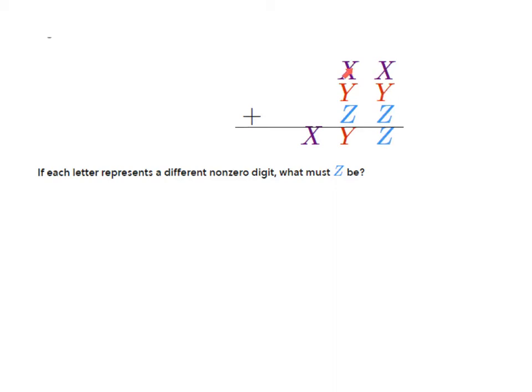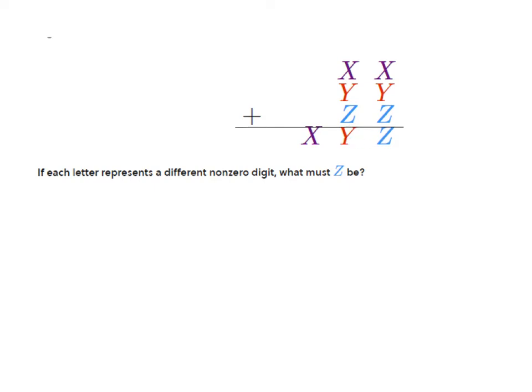Right next to it, I have x plus y plus z, and I get y. Because I have the same addends here as I do here, that tells me there's going to be some carrying, some regrouping that's going to change the sum from z to y.